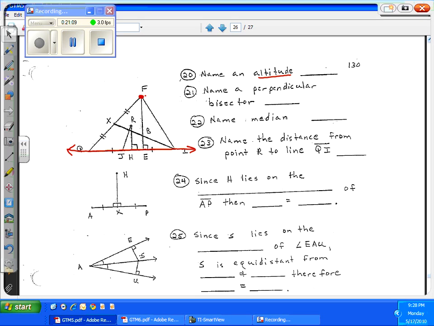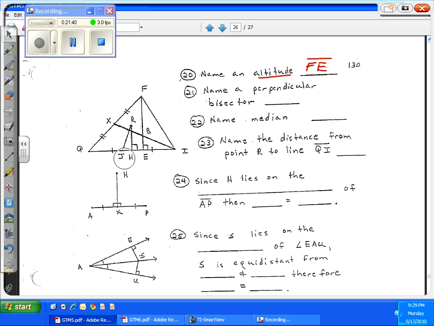An altitude is from a vertex perpendicular to the line that contains the opposite side. So segment FE is an altitude in that triangle. It is a segment from a vertex perpendicular to the line that contains the opposite side.